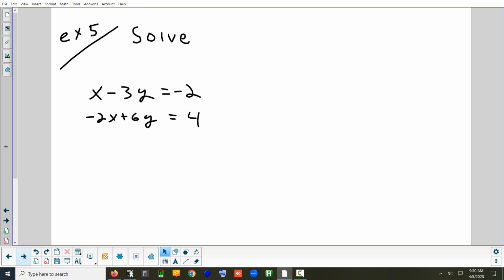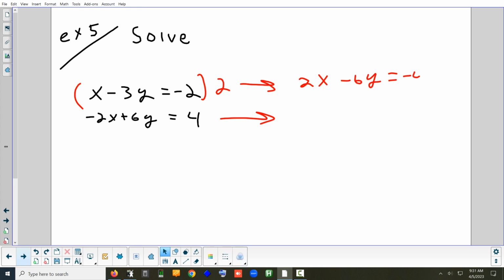All right, let's try this one. If I want to eliminate the x's, I don't think you're going to have to multiply them both, just one. What could you multiply by? The top one by 2. It's going to give you 2x minus 6y equals negative 4. The bottom one we keep the same. Okay. What's 2x minus 2x? 0.